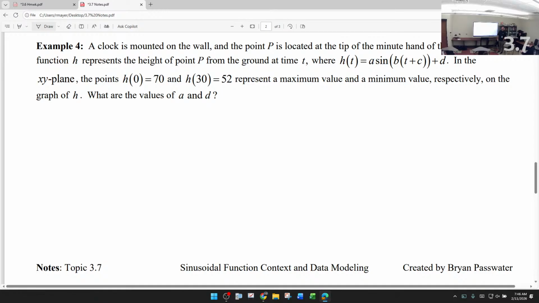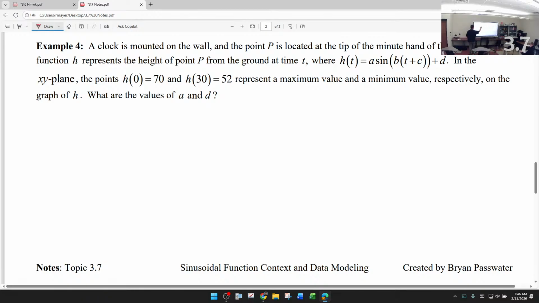H of 0 is 70. H of 30 is 52. These represent a maximum value and a minimum value, respectively, on the graph of H.